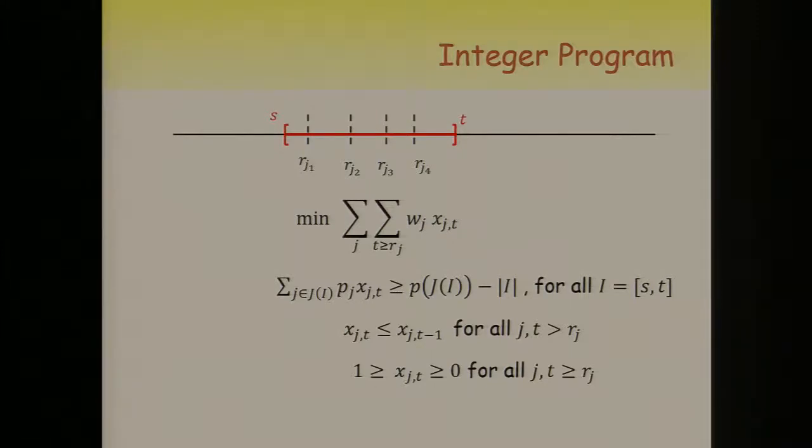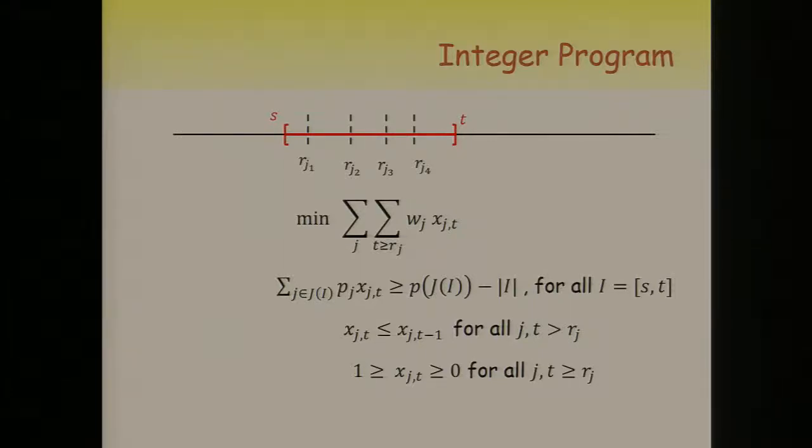This is kind of obvious. It says that if you're alive at time t, then you must be alive at time t minus 1 also, and your xjt is either 0 or 1. So this is the complete description of the same problem in terms of these xjt variables.